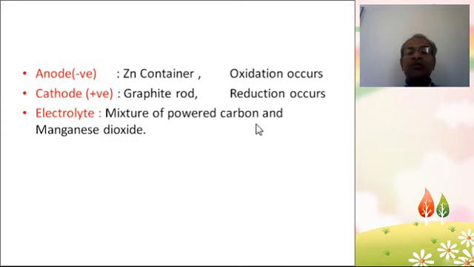And here a mixture of powdered carbon and manganese dioxide is placed in between the cathode and anode by using the separator.